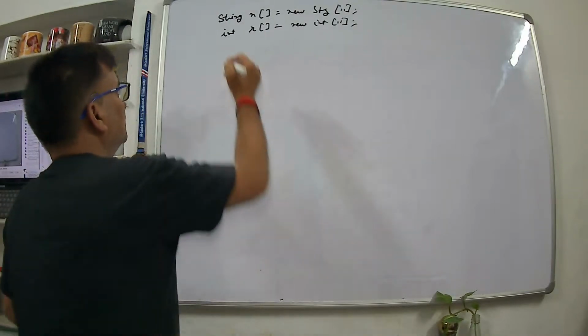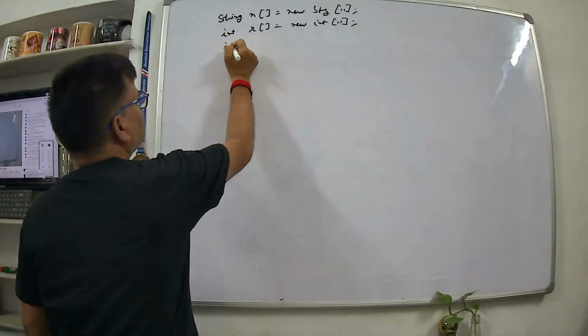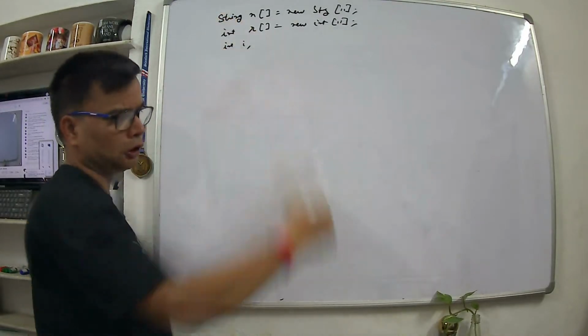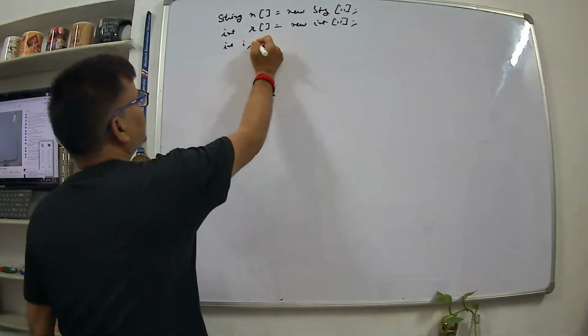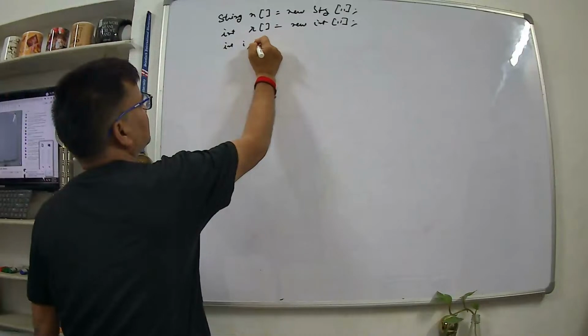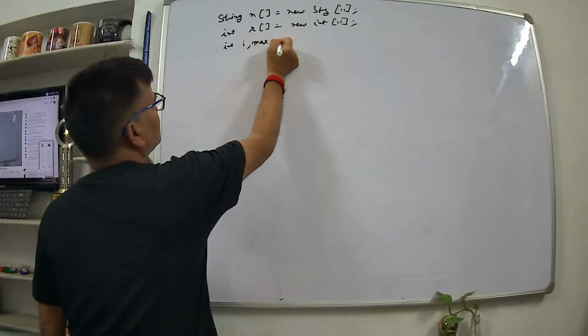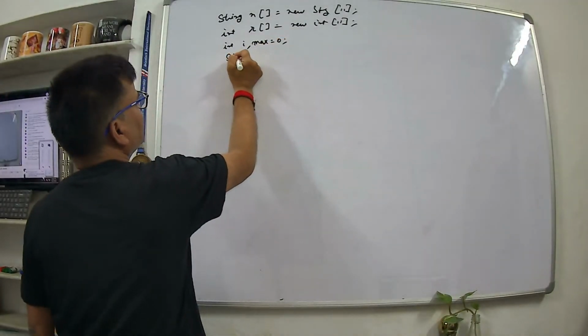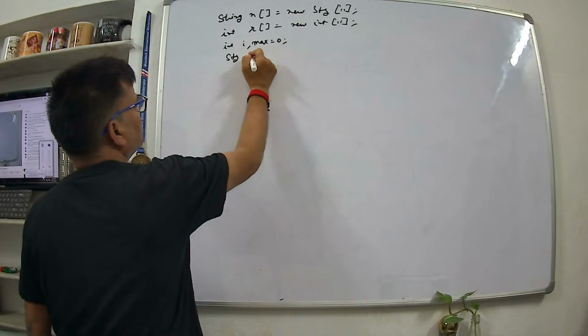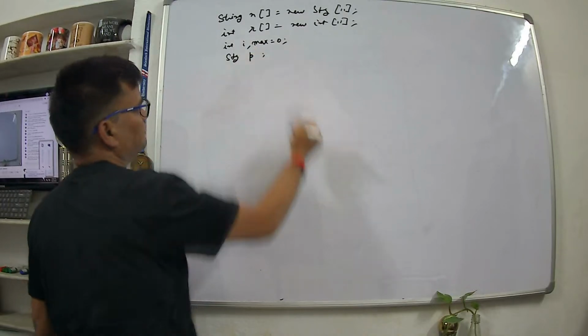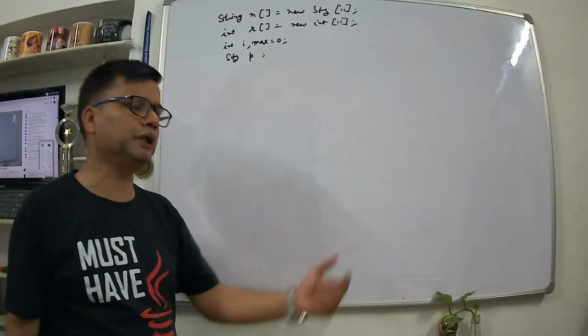Now, what things do we need? int i, I'll need variable i for the loop. I can take a variable max is equal to 0. And I'm taking a variable String p to store the name of the player who has made the highest run.